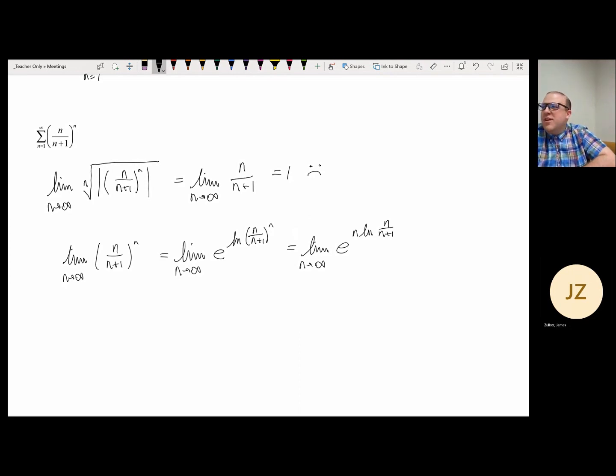Well, it's logarithms. You can write that as n log of n over n plus 1. You could also split that log if you were so inclined, as n log n minus n log of n plus 1.